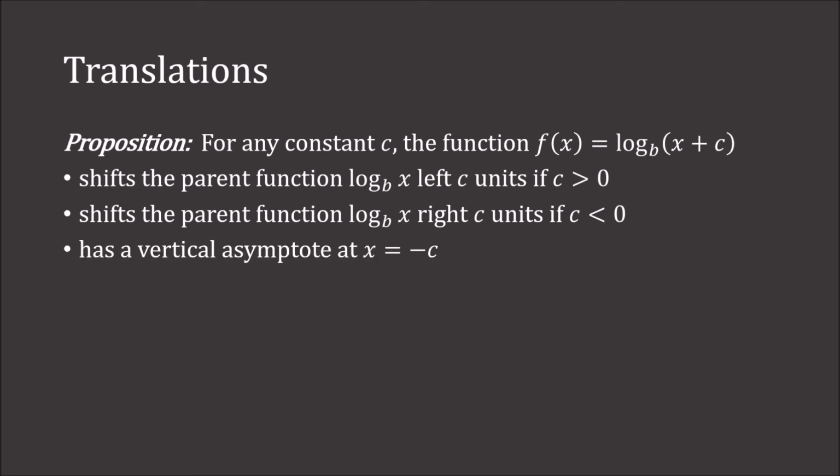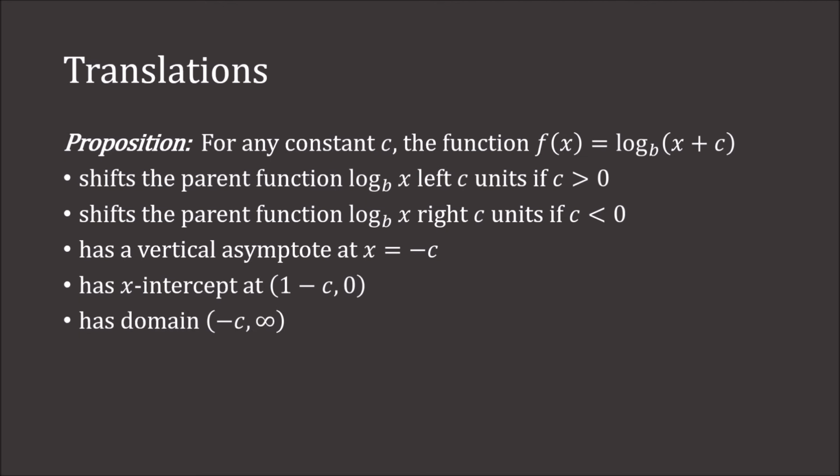It'll have a vertical asymptote now at x equals negative c. It'll have an x-intercept at (1 minus c, 0). Its domain will be (negative c, infinity), and its range will remain the same.